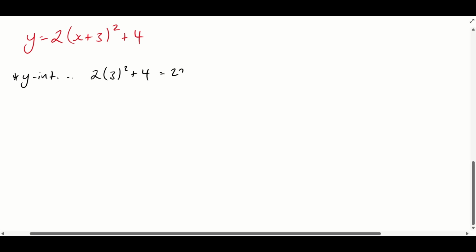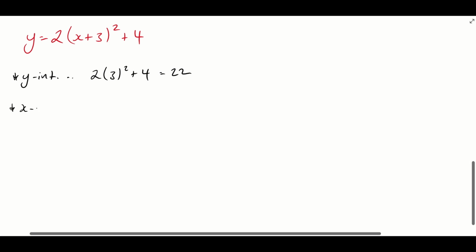Let's look at one more example. y equals 2 times x plus 3 squared plus 4. So our y-intercept, when x is equal to 0, we get 2 times 3 squared plus 4, which is just 22, if you crunch those numbers.